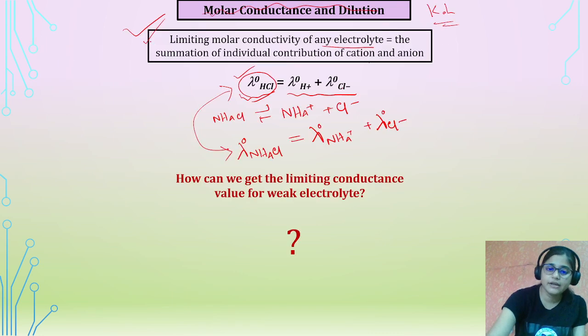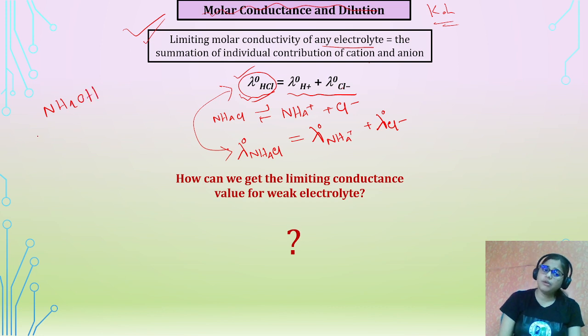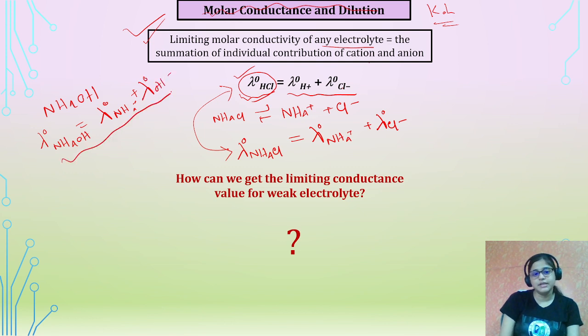Let's take a weak electrolyte case also, NH4OH. It will be the same: lambda 0 of NH4OH equal to lambda 0 of NH4 plus and lambda 0 of OH minus. But we don't know that value.